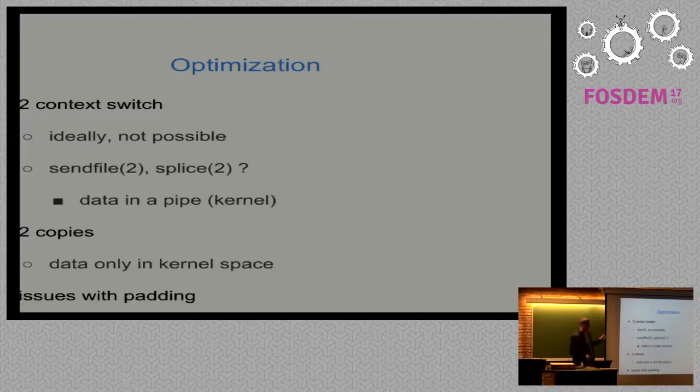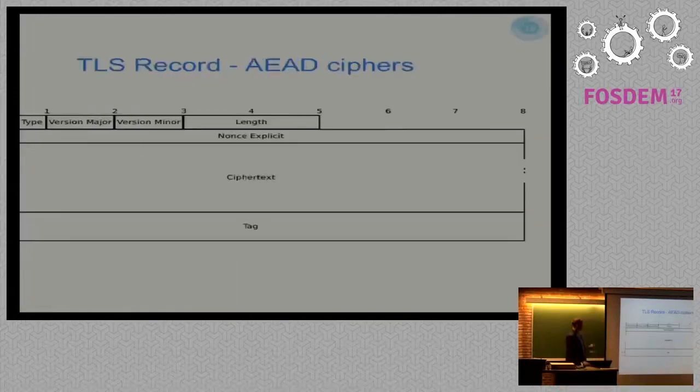On the one hand, we didn't save 2 context switches, but on the other hand, we saved 2 copies. So we are no longer required to copy data from user space to kernel space, and vice versa, just to do decryption.